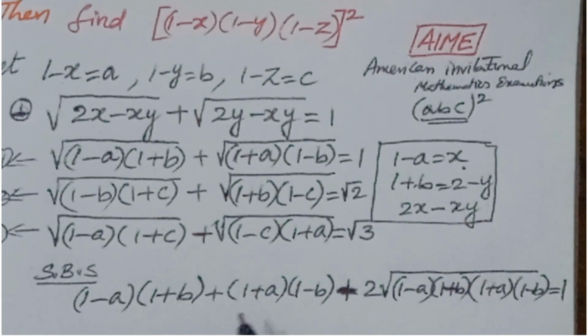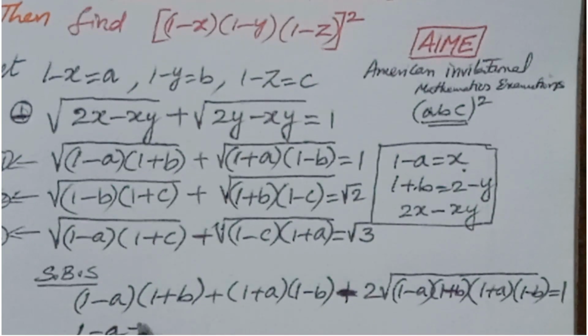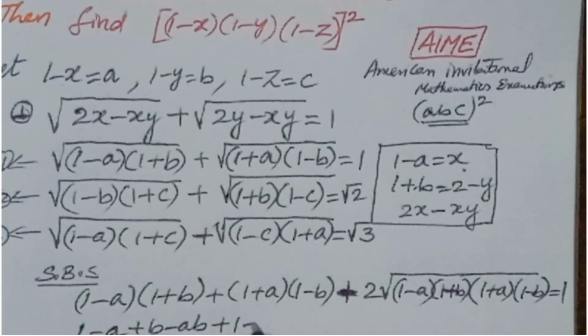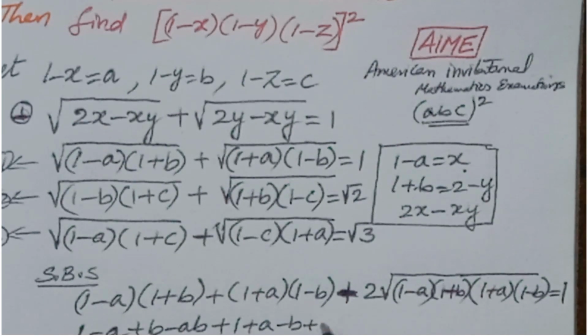If you multiply this out, we get 1 minus a plus b minus ab, and 1 plus a minus b minus ab.